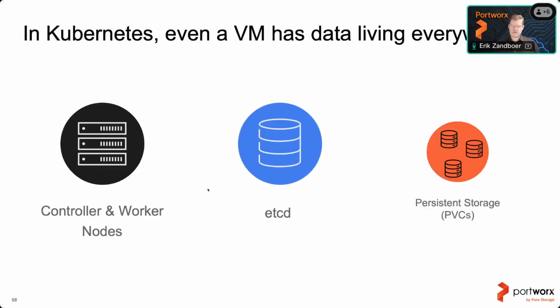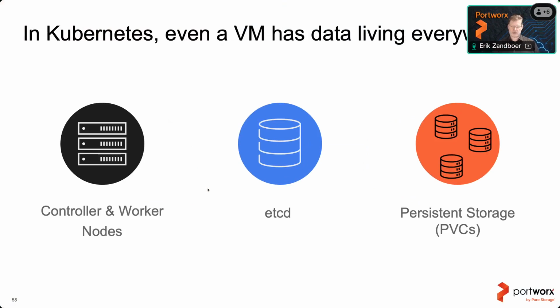Now you're running VMs inside Kubernetes. Now all of a sudden, you have PVCs, so virtual disks. You have etcd configuration. You have stuff sitting in controller and worker nodes. You've got all kinds of Kubernetes objects. If you want to back up a virtual machine that lives inside Kubernetes, you need to grab all of these things and be able to restore all of these things in order to back up and restore a virtual machine.